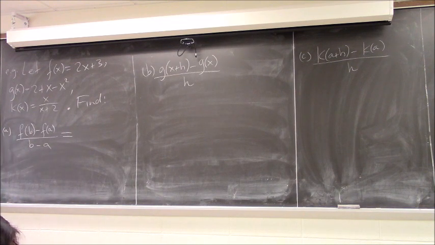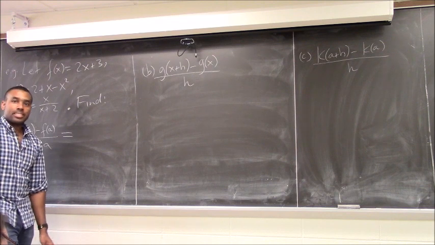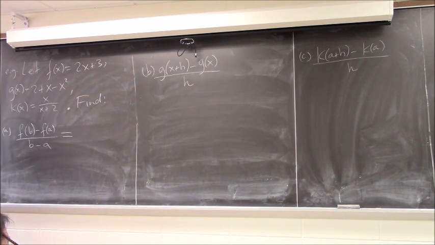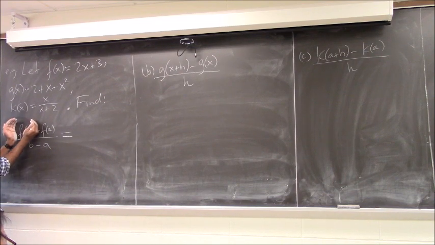How do I find that? What do we do? Panic? No, we don't panic. How do you find it? Take it one step at a time. f of b, what is that?